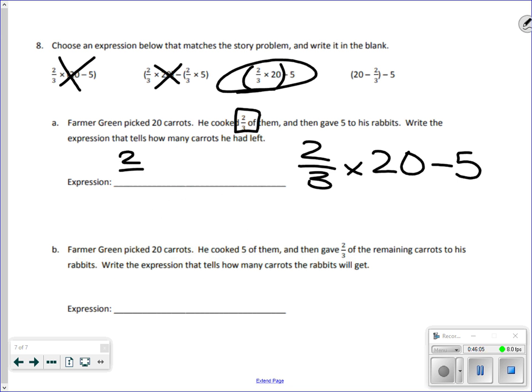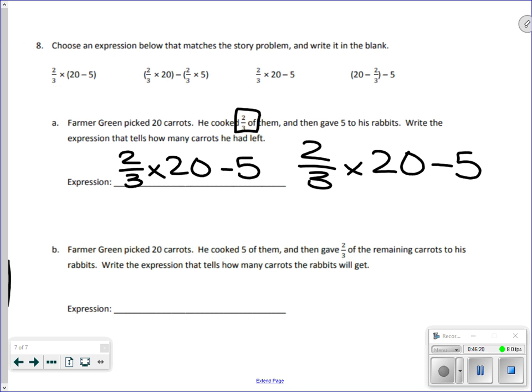So 2/3 of the carrots, then gave 5 to the rabbits. Now let's look at the next one. Farmer Green picked 20 carrots. He cooked 5 of them, then gave 2/3 of the remaining carrots to his rabbits. Which expression would solve that one?